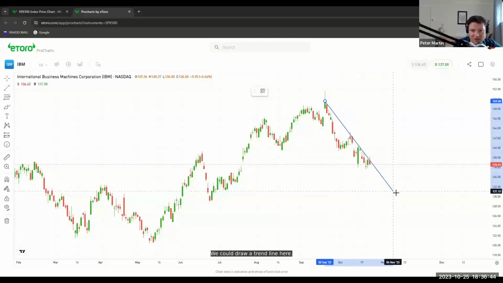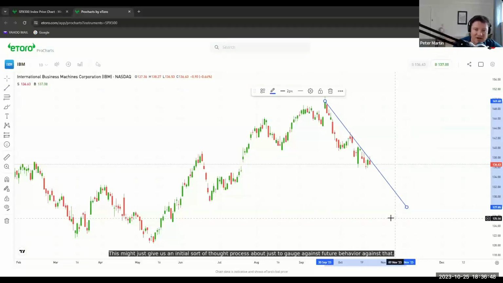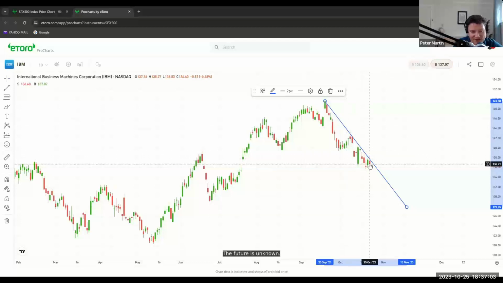And we could draw a trend line here. And this might just give us an initial thought process to gauge future behavior against. We don't know for sure if there's another downtrend there, but it looks like maybe that's what we've seen so far. The future is unknown.